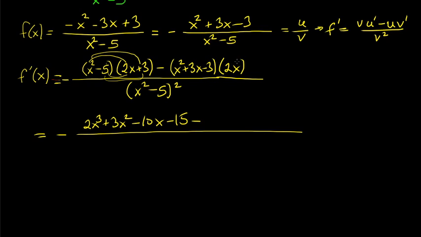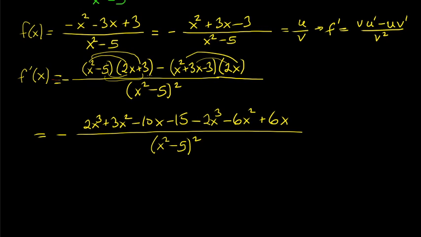And then minus, so we're going to get 2x cubed, and then 6x squared. It's a positive, but then there's a negative in front, so that's negative 6x squared, and then positive 6x, right? So negative 6x. And there's no reason to multiply out the denominator. I'll leave it as x squared minus 5 squared.